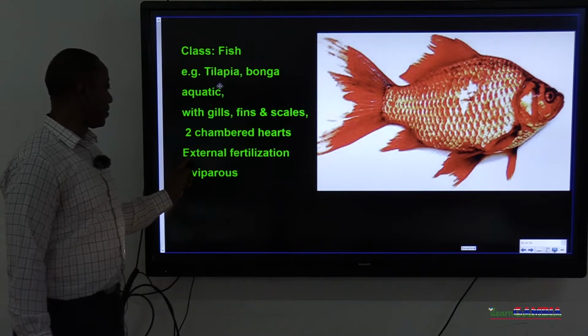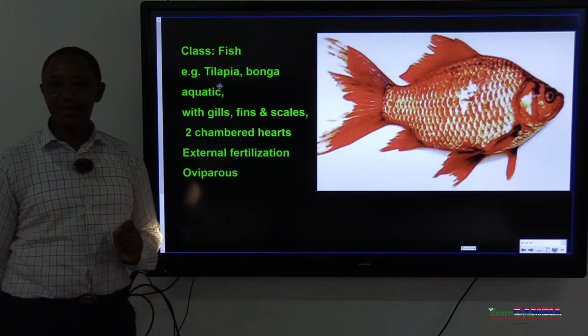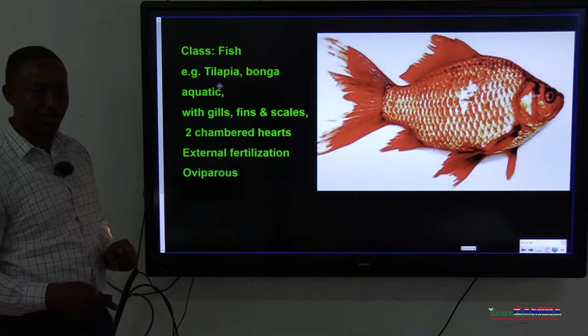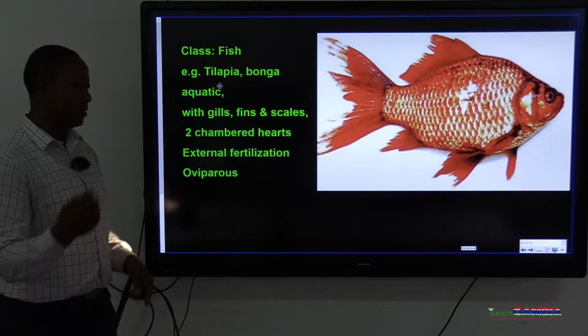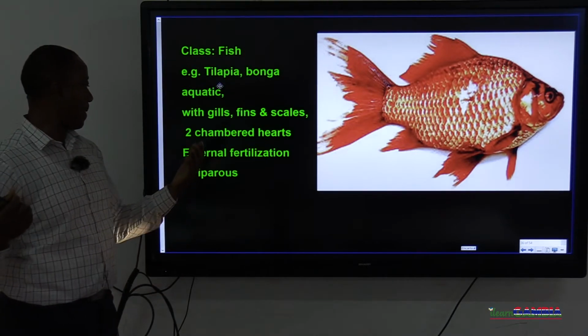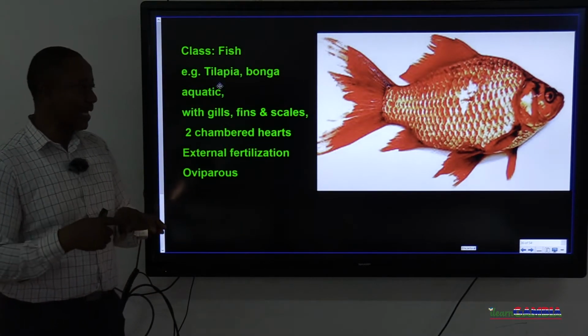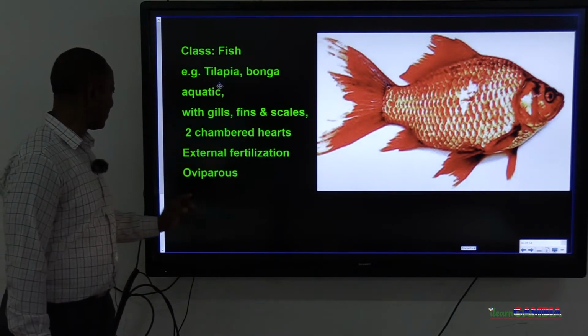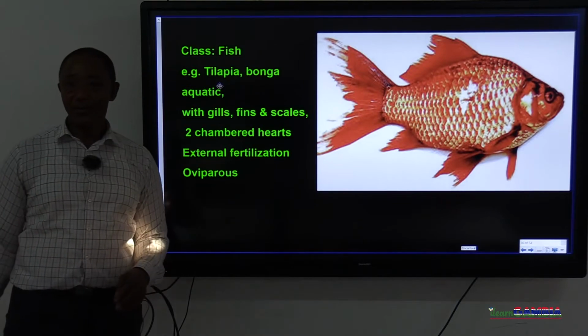Now, fertilization in them is said to be external. That means it takes place outside the body of the fish. If you look at others wherein fertilization is internal, it means the egg is fertilized inside the body of the organism. But for fish, it is external. And they are oviparous.